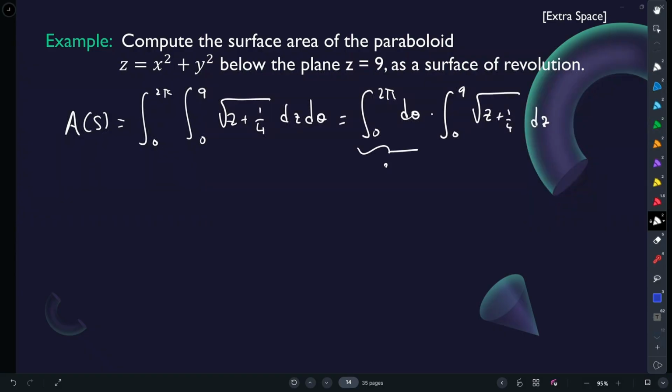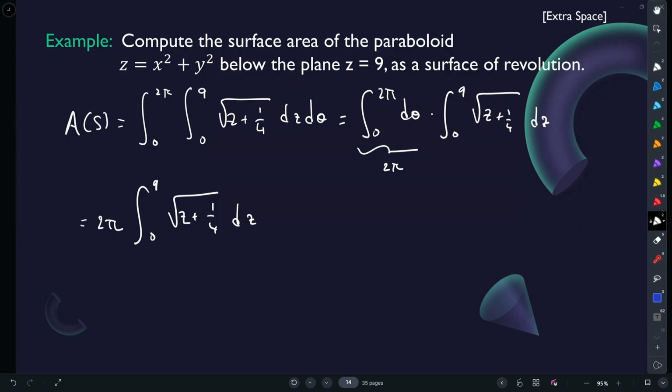And again, this is just 2 pi. So I get 2 pi times an integral in z. How do you integrate that function? The square root of z plus a fourth.